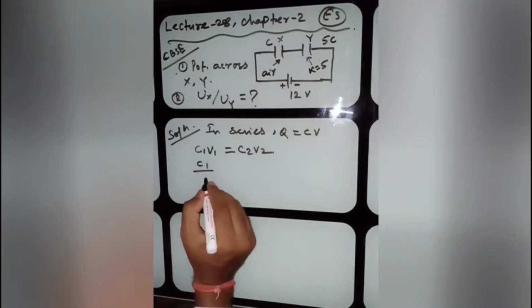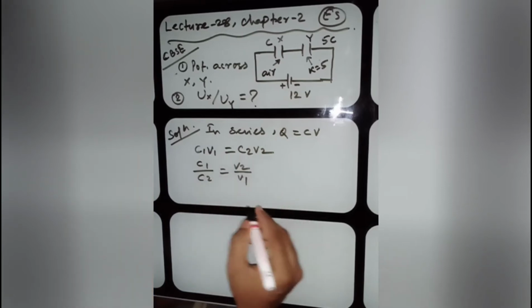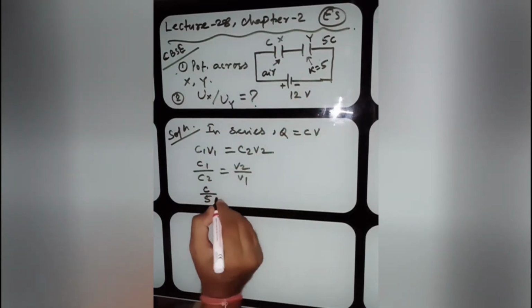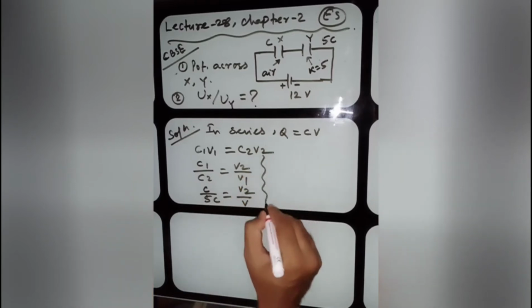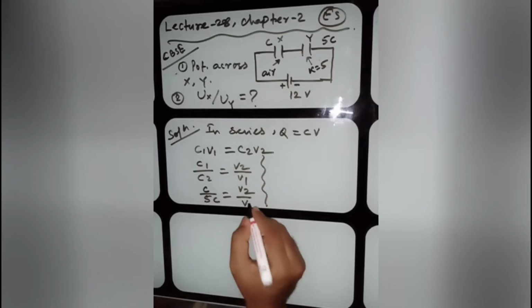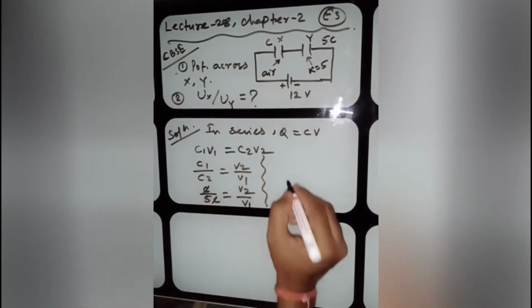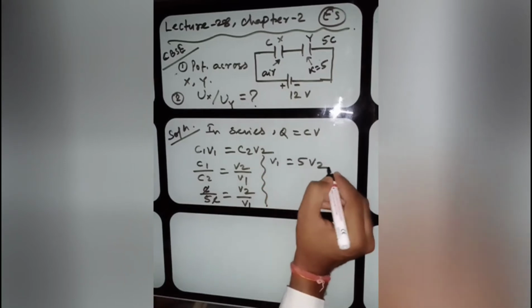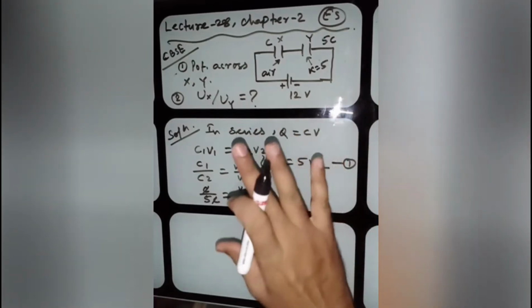That is C1 by C2 equals V2 by V1. C1 means Cx, so C by 5C equals V2 by V1. Now we have a relation between V1 and V2: V1 is equal to 5 times V2. Note this down. This is one relation.